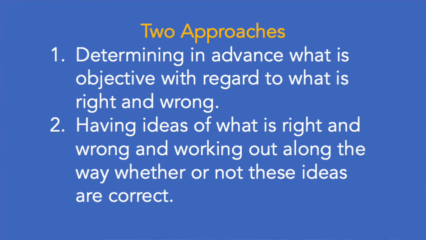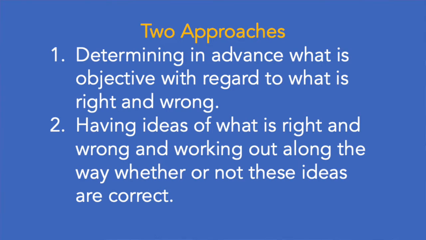So as we live our life, we will use these values until there are counterexamples or examples that challenge whether or not our beliefs are right or wrong, and test them. So it's a kind of experimentation model of determining what is right and wrong. One determines in advance, and the other says, we have a general idea about what might be right or wrong, so let's work it out along the way as we live our life in practice.